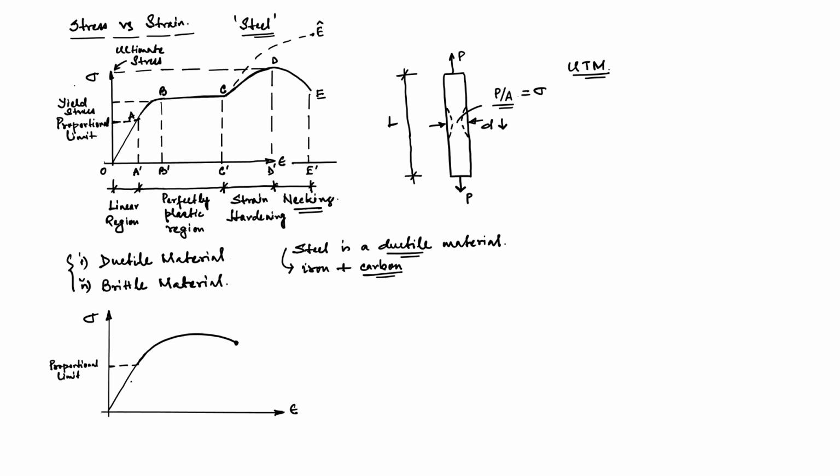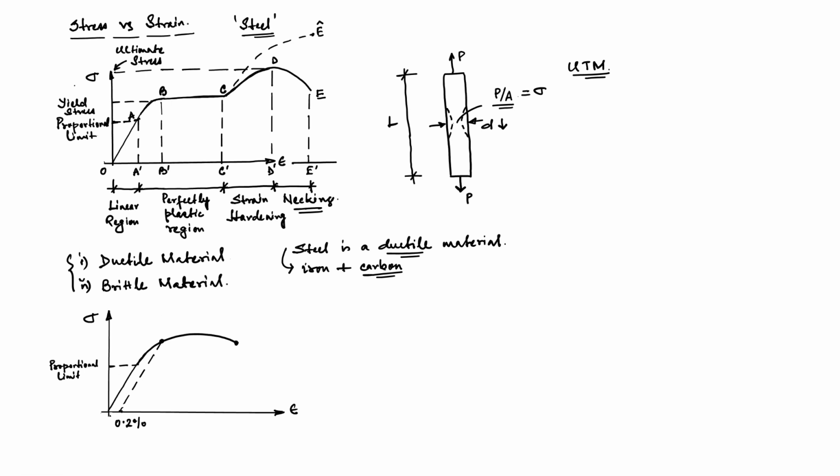For this type of material, because we do not have a perfect yield point, what we do is identify 0.2% strain, and then we draw a line parallel to the initial part, and that point we identify as the yield point.